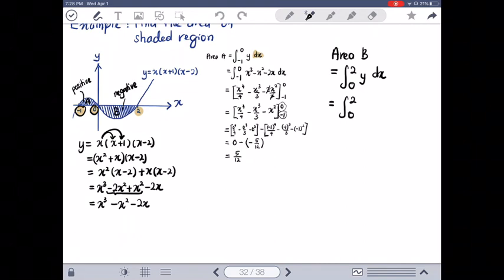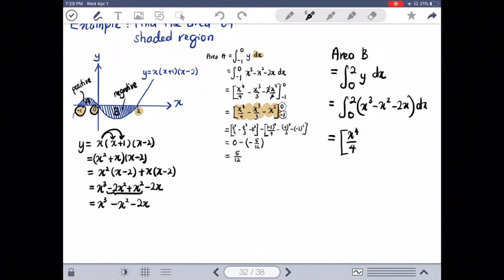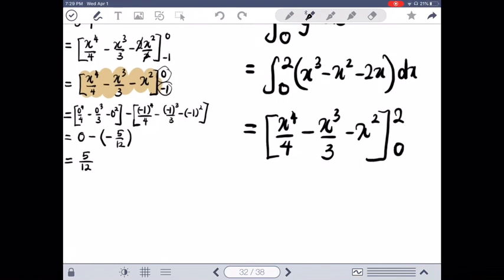So integration from 0 until 2 of x to the power of 3 minus x squared minus 2x with respect to x. And we know that we already found the integration just now. So it becomes x to the power of 4 over 4 minus x to the power of 3 over 3 minus x squared, to 0.